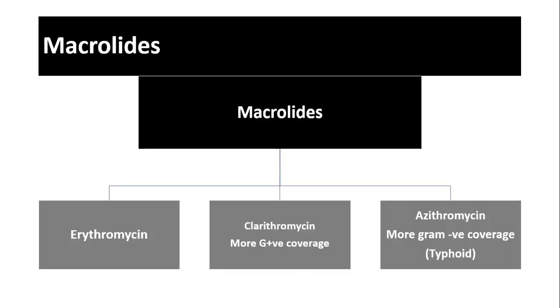Then the macrolides. Macrolides are the erythromycins, clarithromycin, and azithromycin. Now here you need to remember the difference. Clarithromycin has more gram-positive coverage, while azithromycin has more gram-negative coverage. That's why azithromycin is given for typhoid, while clarithromycin is given for community-acquired pneumonias.